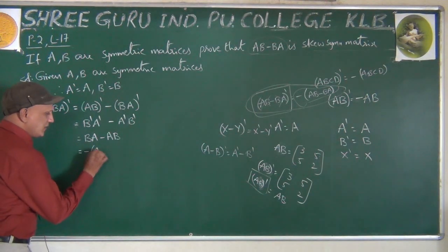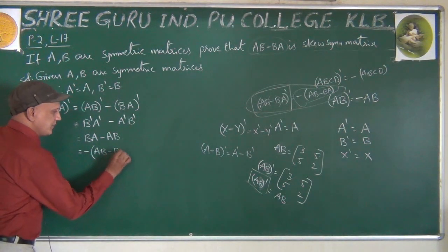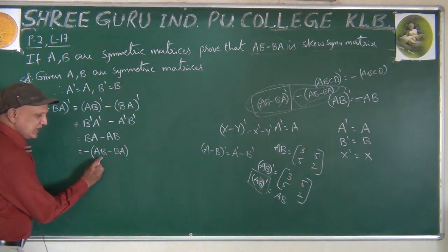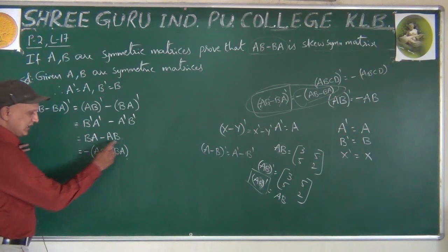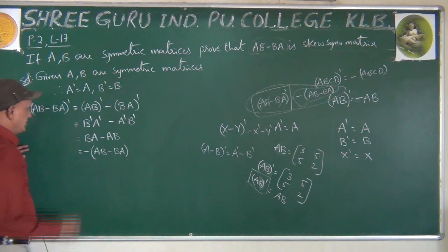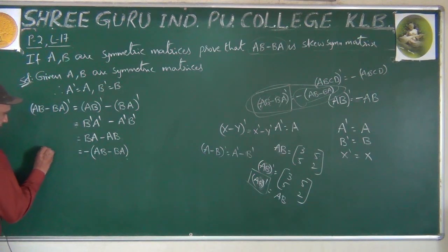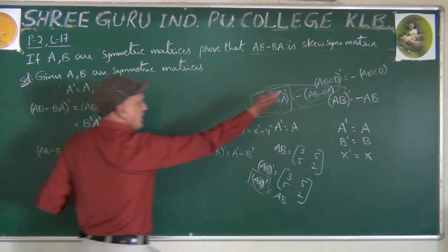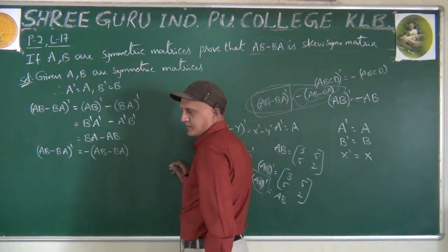If you take minus common, AB minus BA will come. Let us check whether it is correct or not. Minus into AB minus AB, absolutely correct. Minus into minus BA plus BA, correct. So this is AB minus BA whole dash. What we want, the same thing we got.